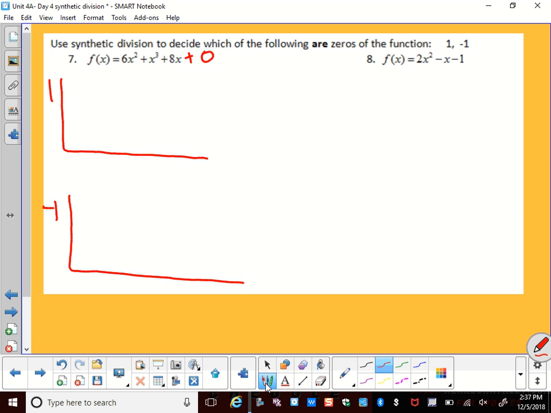If I write this in order, I have x cubed plus 6x squared plus 8x plus 0. We have to put our highest exponent first, so they tricked us. So, I have 1, 6, 8, 0.